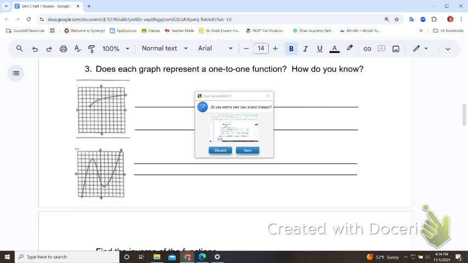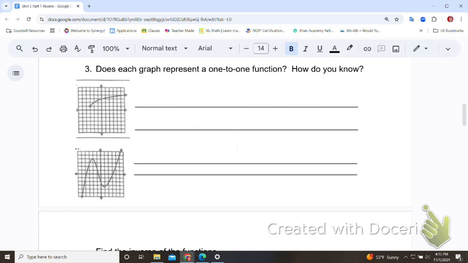And number 3, we have 2 graphs, and we are asked if the graph represents a one-to-one function, and if it does or does not, you are supposed to also tell how do you know. So just a yes or no does not earn full credit on these questions.